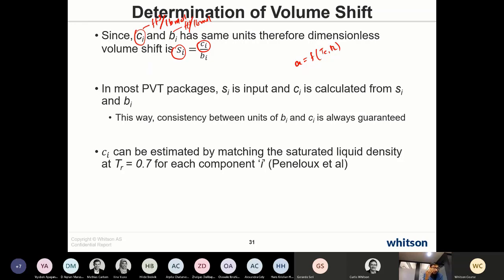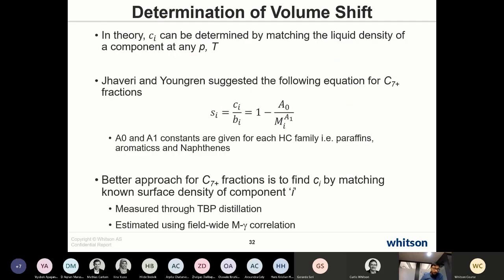When Peneloux proposed this method, they also suggested that the value of C can be estimated by matching the saturated liquid density at a reduced temperature of 0.7 for each component. So that's one way. You can exactly match the density at a certain temperature or pressure for your component. They suggested you calculate the value of C for each component by matching this density.